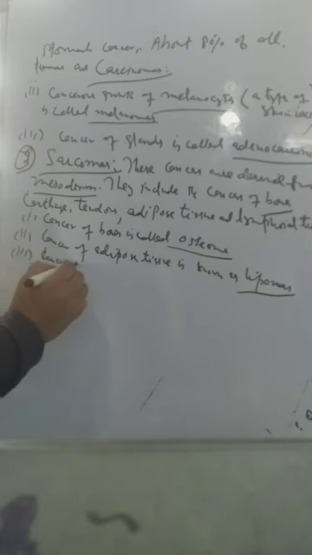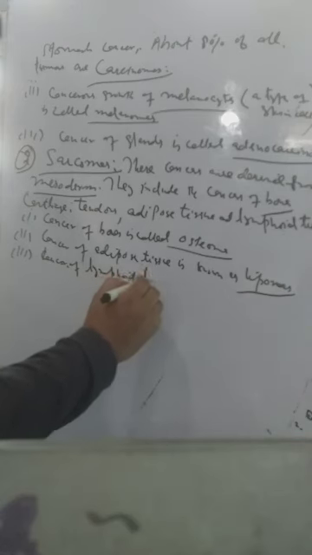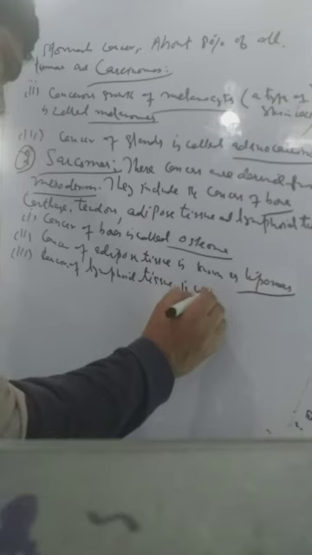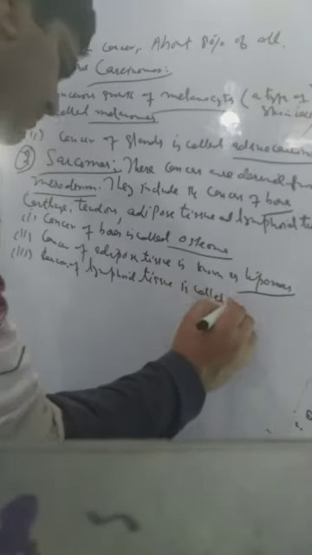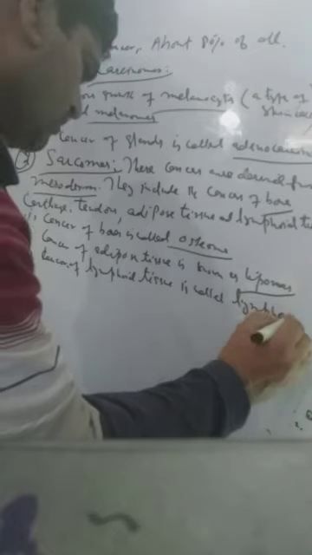And the cancer of lymphoid tissue is called lymphoma.